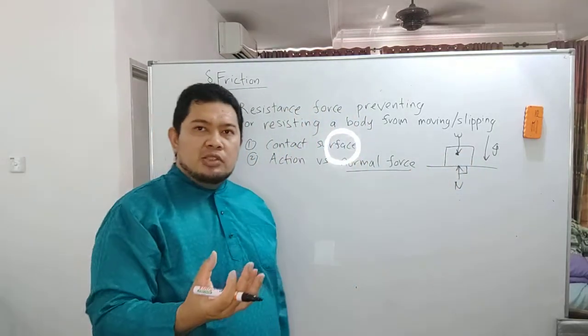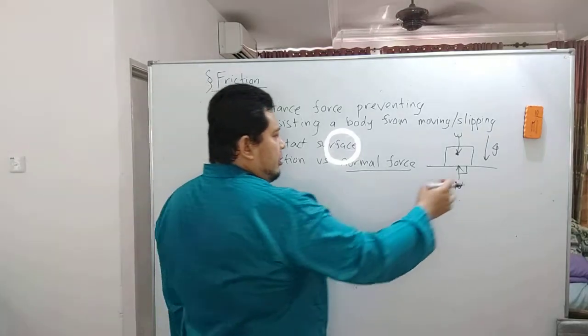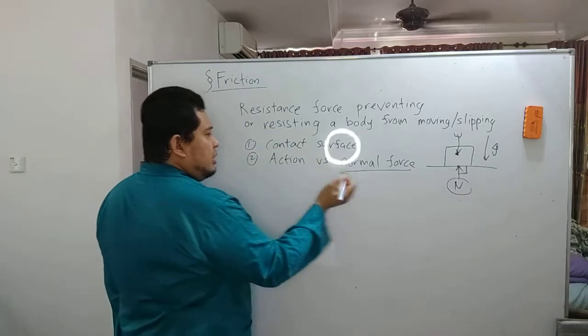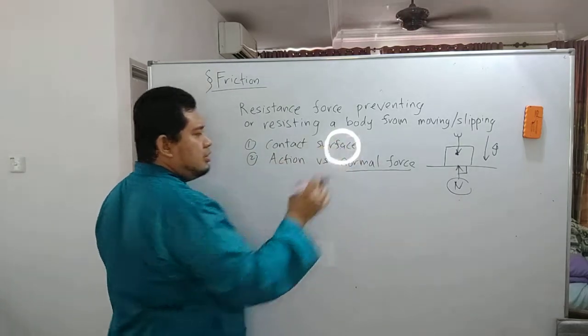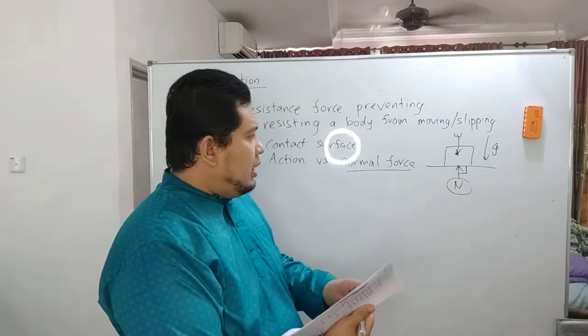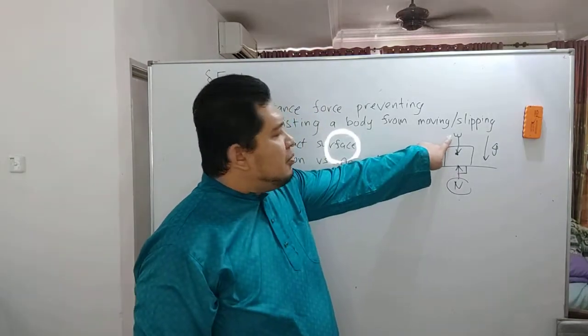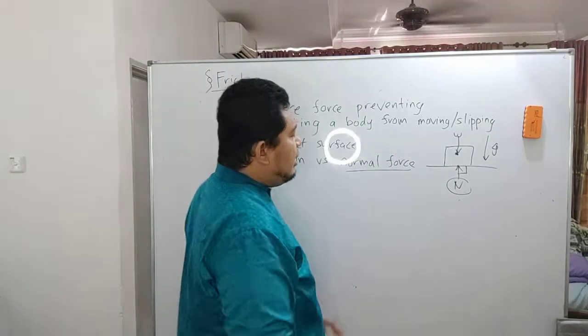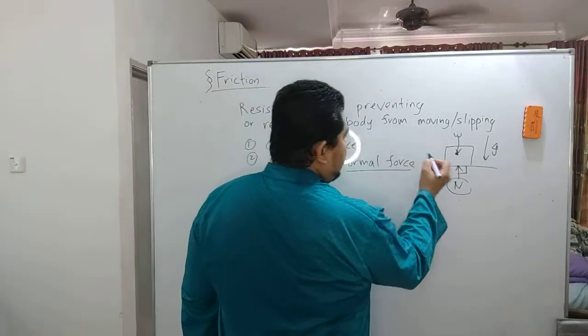That means the friction force will increase with the increase of the normal force. So you must know the action and normal force. Action force can be two different things. Some may come from the weight itself, for example if you have an inclined surface, and another one is when you have an applied force over here.